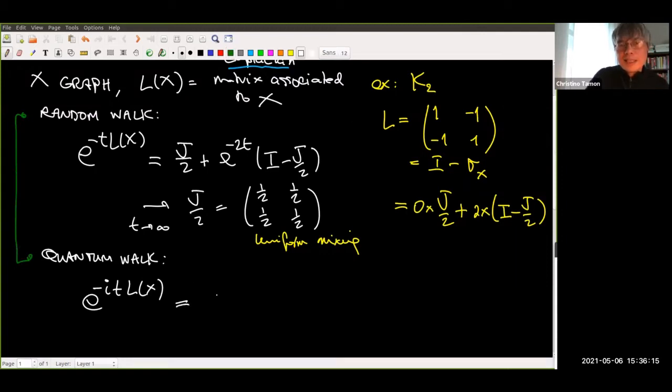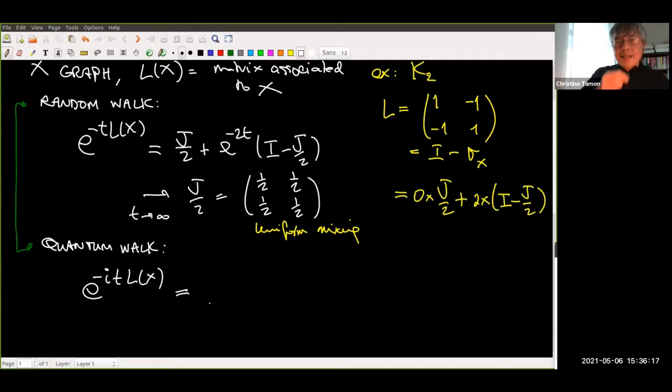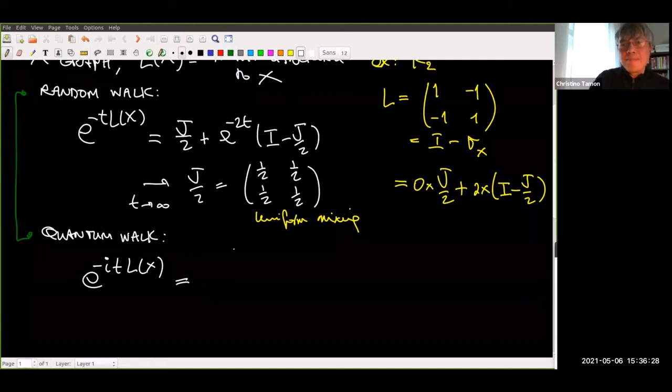What are we going to get here? I'm going to use this function now, instead of e to the minus t, e to the minus it. So what do I get here? Still the same, right? Because the eigenvalue is 0.